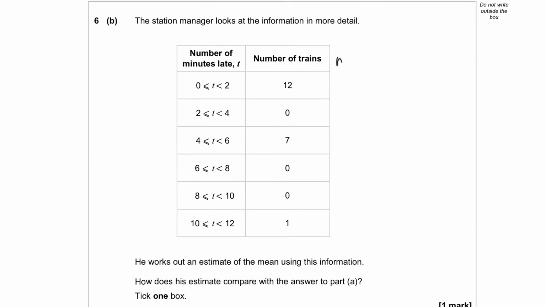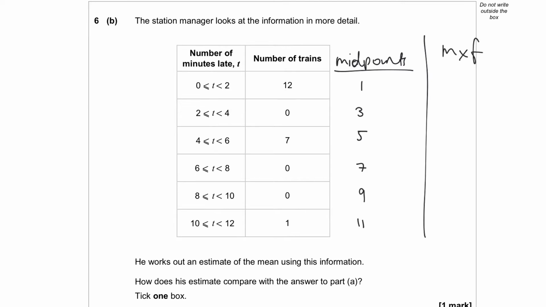if we quickly worked it out, the midpoint of each class interval here would be 1, 3, 5, 7, 9, 11, and then the M times F column would be 12 for the first one, then 0, 35, 0, 0, 11.